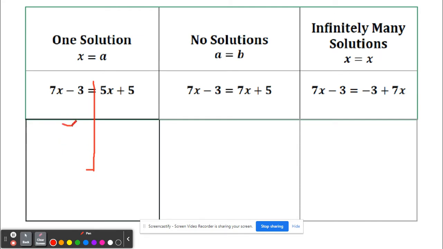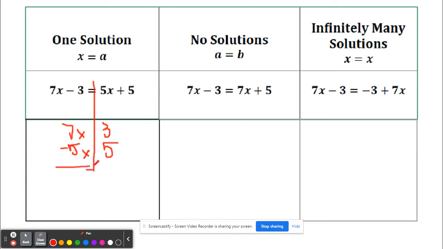So we've got 7x over here. We have negative 3, which is going to go over here and become positive 3. We've got our 5x, which is going to come over here and become negative 5x. And we have 5 here, which is going to just come straight down and stay 5.